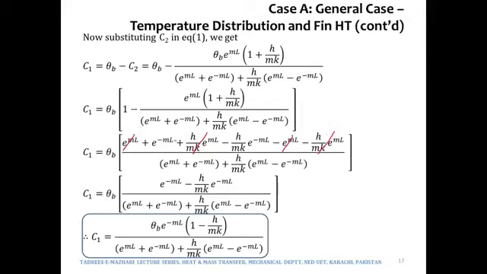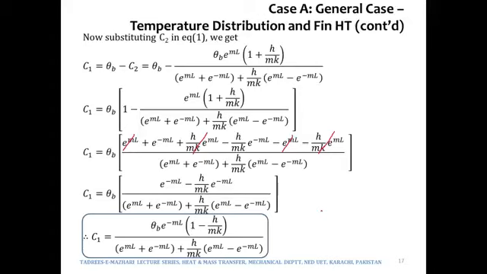So we would be left with two terms only, e to the power minus ml minus h over mk e to the power minus ml, which has been written here in the numerator. So if we take e to the power minus ml common, we would have 1 minus h over mk times theta b over the denominator. Now you can see the similarity between C1 and C2.